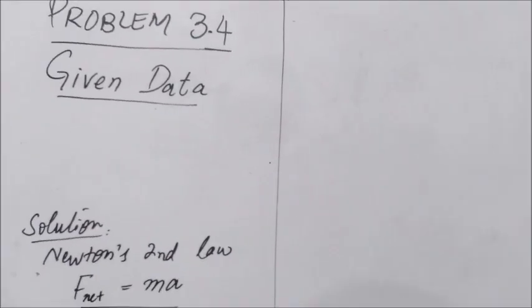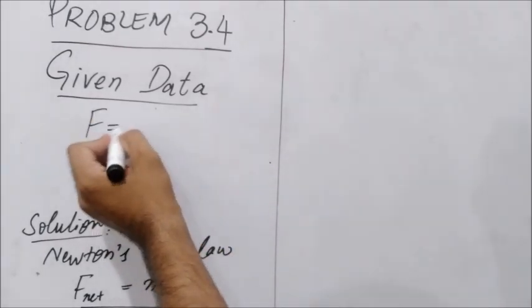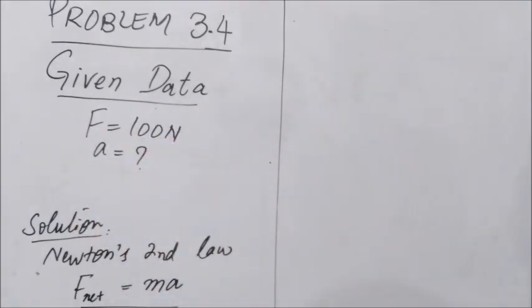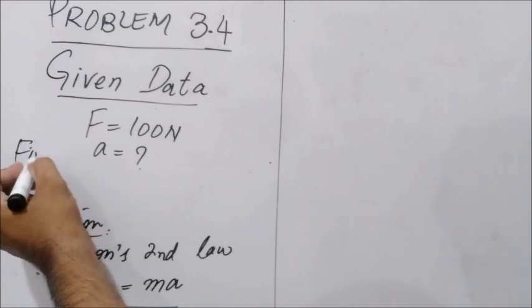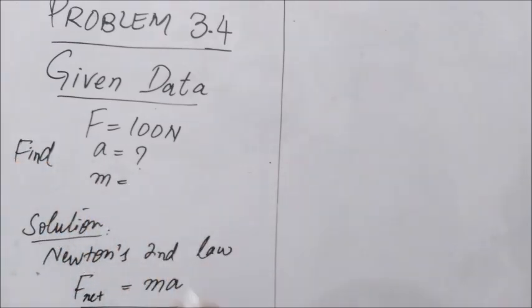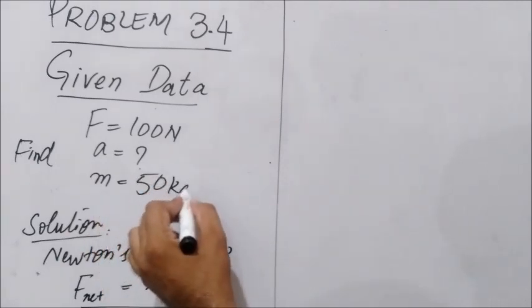Question 3.4, find the acceleration produced by a force of 100 Newton. So the force is given, 100 Newton. Find the acceleration. So we are going to find acceleration, while the mass is also given, which is 50 kg.